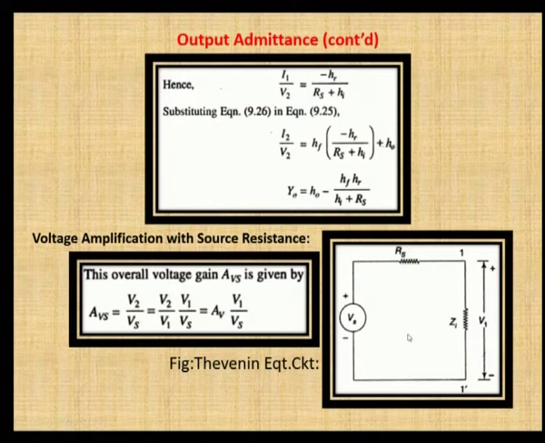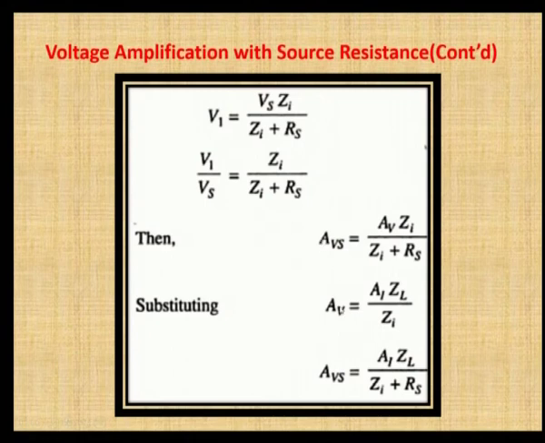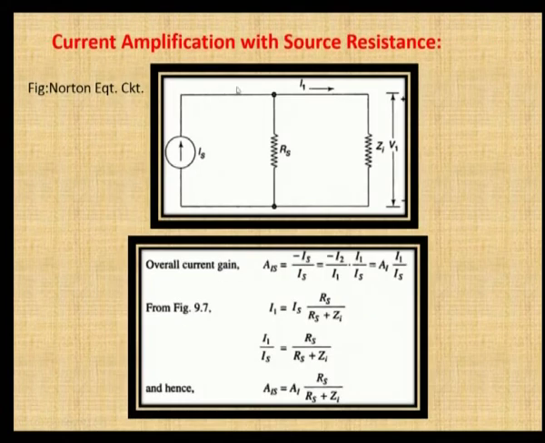From this circuit, you are calculating the voltage across the impedance Zi as Vs into Zi divided by the total resistance, after which you are substituting the values of V1 to calculate this AVS, the voltage amplification factor with the source resistance. Previously we have calculated the voltage gain and the current gain without this source resistance. Now it is with the source resistance.